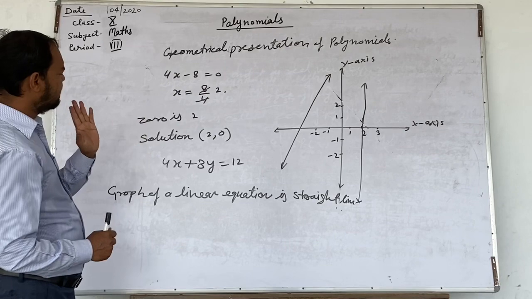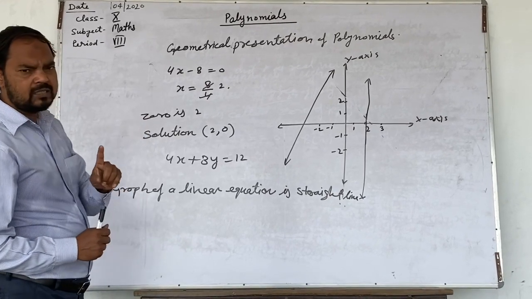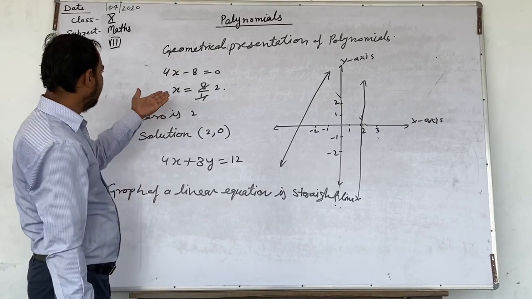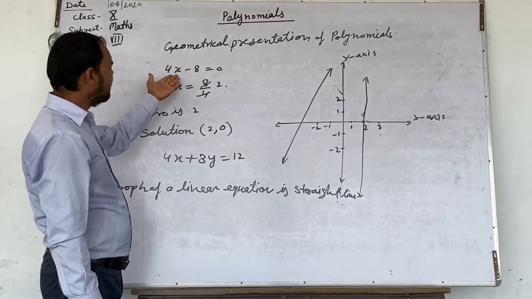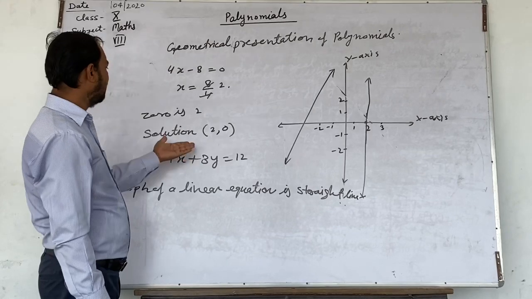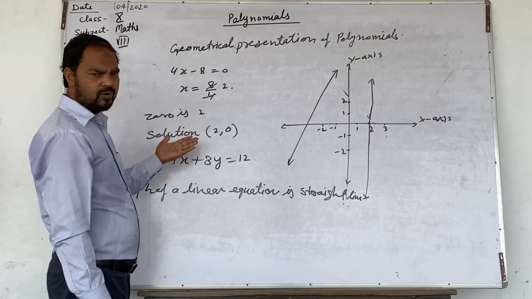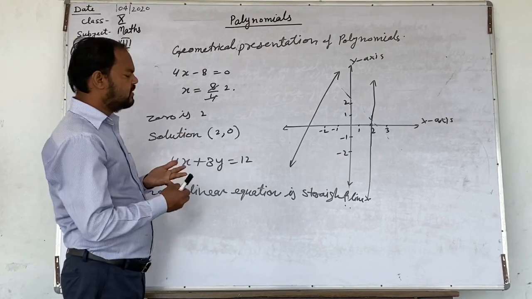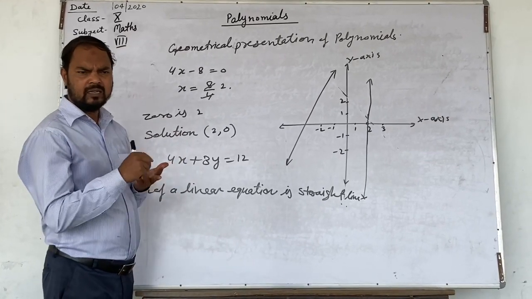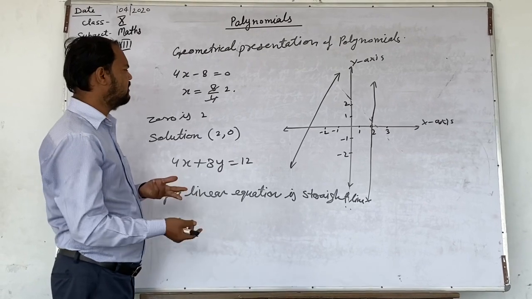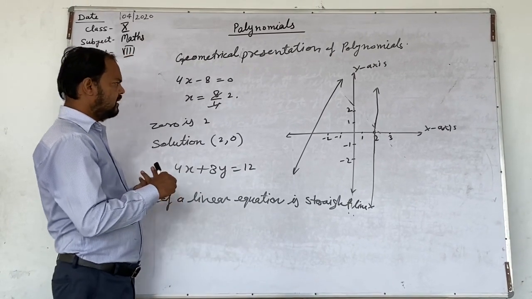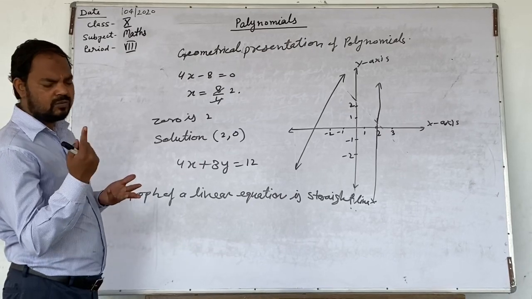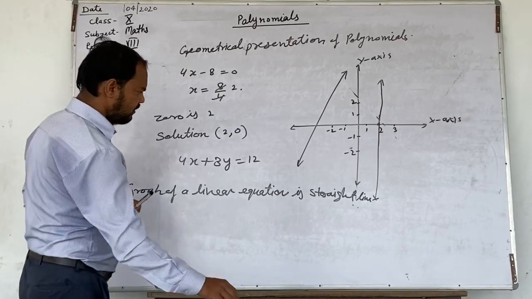So another thing we can find is that a linear equation, which has degree 1, has only 1 zero. The zero associated with the value of x where the line cuts the x-axis is called the zero. In the linear case, the straight line cuts the x-axis at only one point, so the number of zeros is 1, right? Okay.